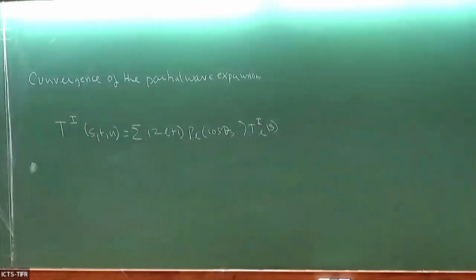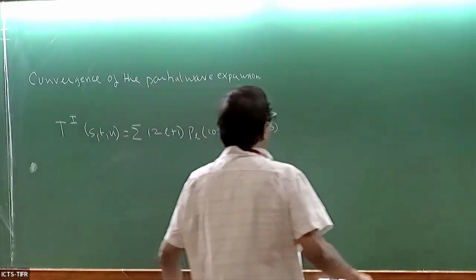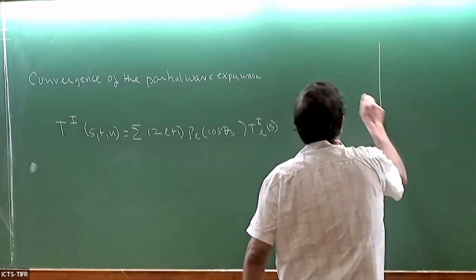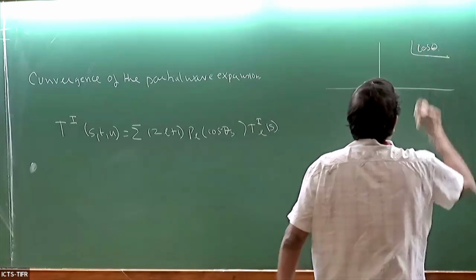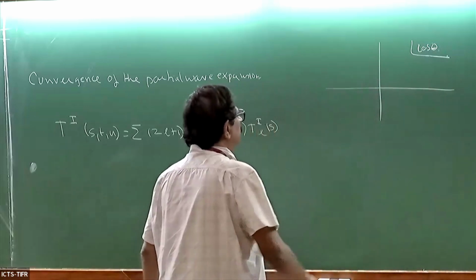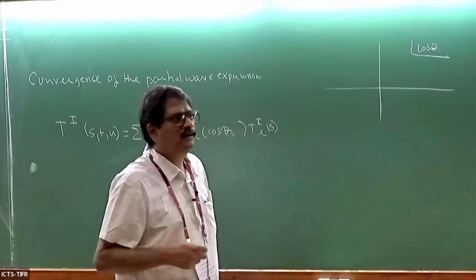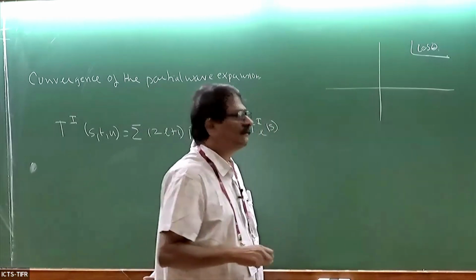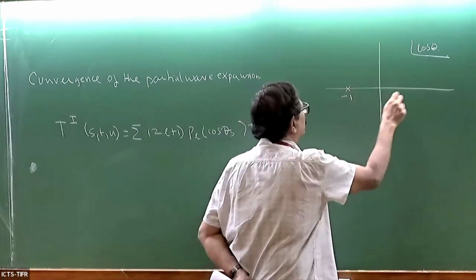But Lehmann says that this expansion actually converges in the complex cosine theta plane. And the physical region in cosine theta, can you tell me where this is? Somebody has to tell me what is the physical region for cosine theta. I just said it has to lie between -1 and 1.